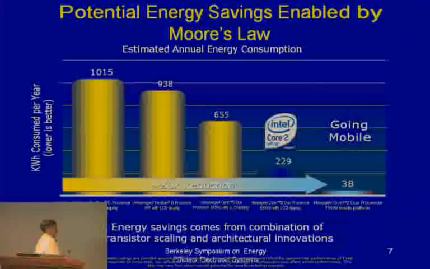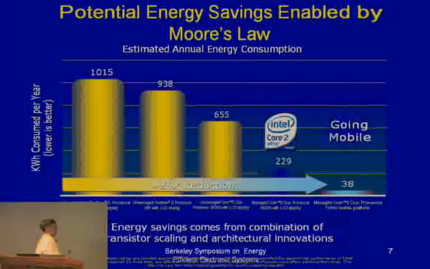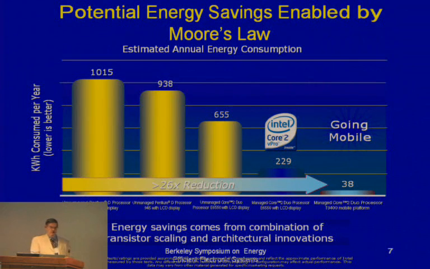And then if you integrate that with basically an integrated display, this can come down to 38. So there's a remarkable 26x reduction possible for doing the same set of things, but just on more efficient platforms.